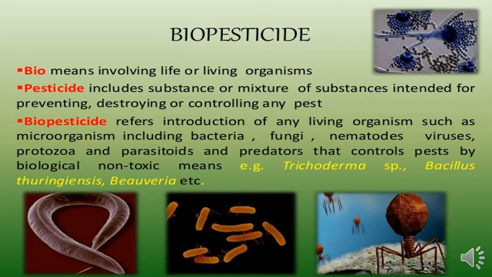Biopesticides together refers to the introduction of any living organism such as microorganisms including bacteria, fungi, nematodes, virus, protozoa, and parasitoids that control pests by biological and non-toxic means. For example, Trichoderma, Bacillus thuringiensis, and very different types of beneficial microorganisms.